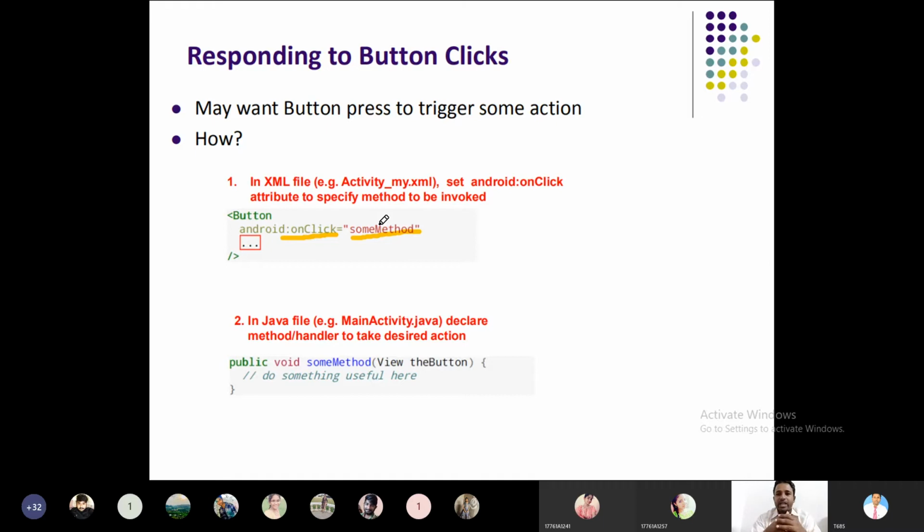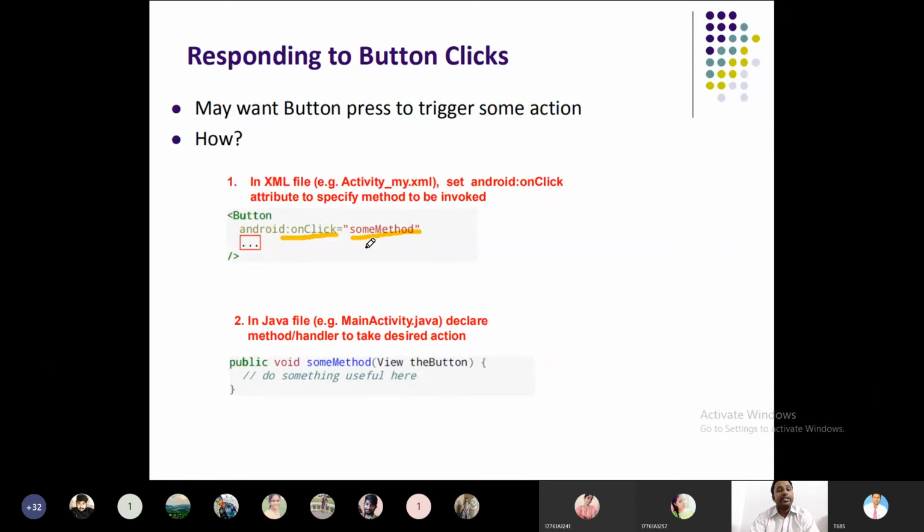We add the button, and then we add the action listener, and we have to implement the action listener, and afterwards we have to override actionPerformed, and within that actionPerformed we have to specify what action is to be taken. But here it is simple. You just mention the name of the method which is to be executed when the user clicks on the button. Okay, so that is one method.